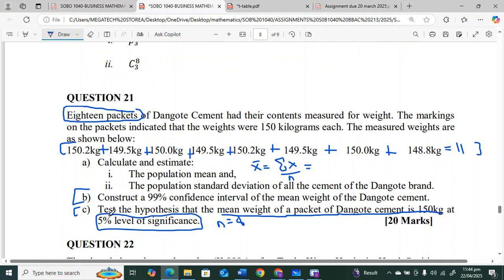So your confidence level is just 100 minus the level of significance, basically your uncertainty, because you can never be 100% sure. So what's the critical value for a 95% confidence level?